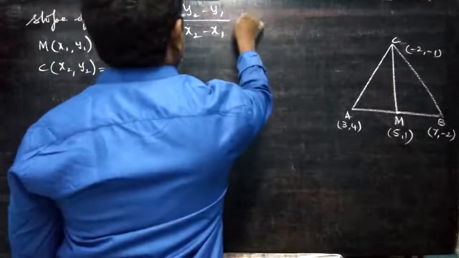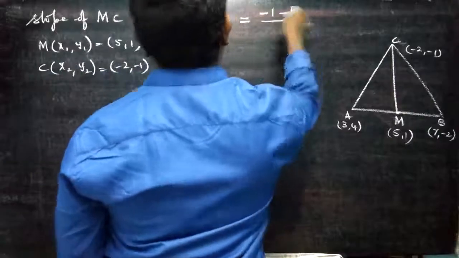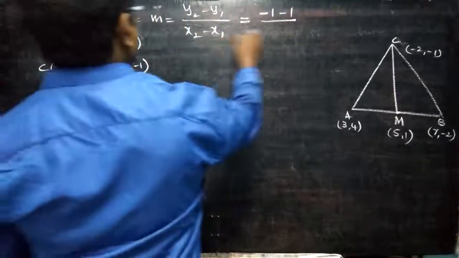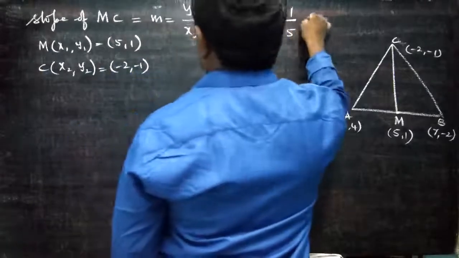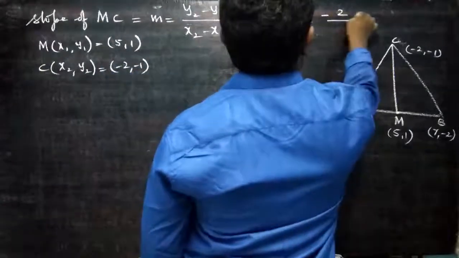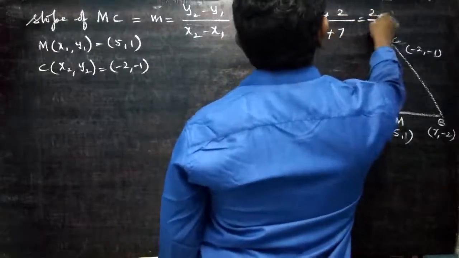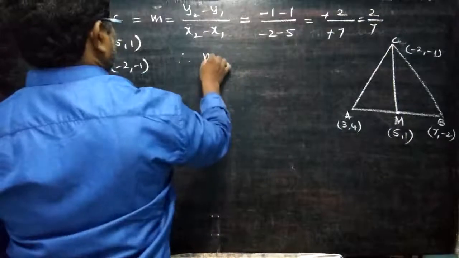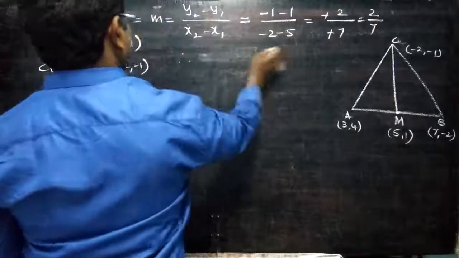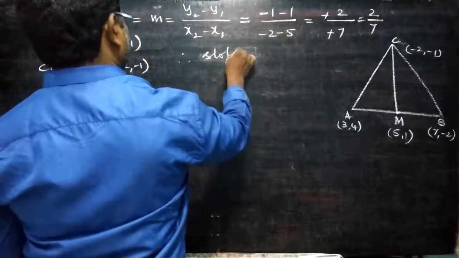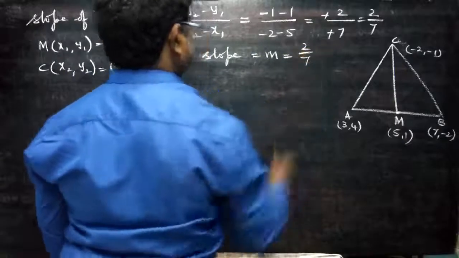Now substitute: minus 1 minus 1 by minus 2 minus 5, that is equal to minus 2 by minus 7. Minus minus get cancelled, slope m is equal to 2 by 7.